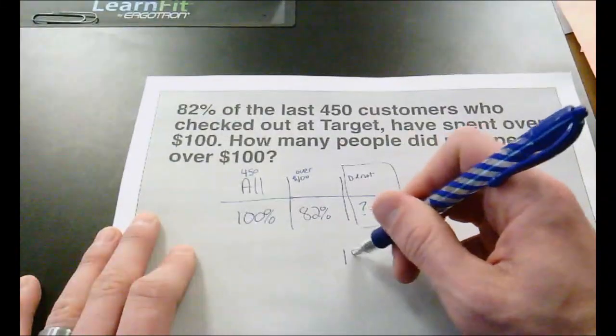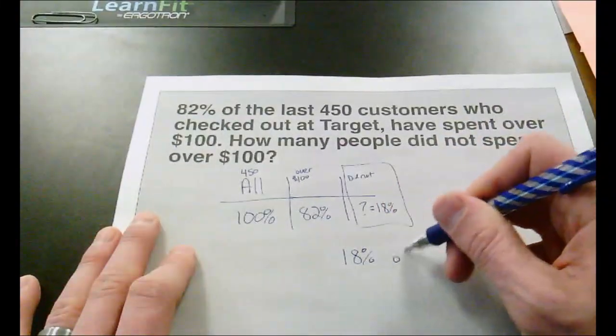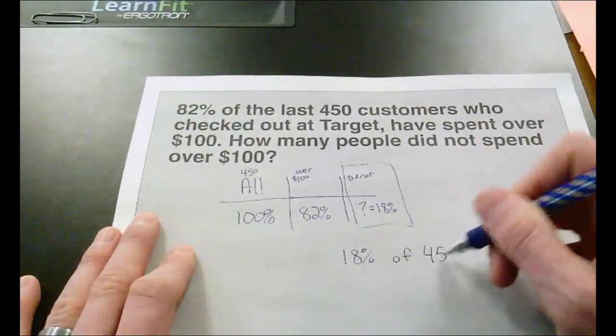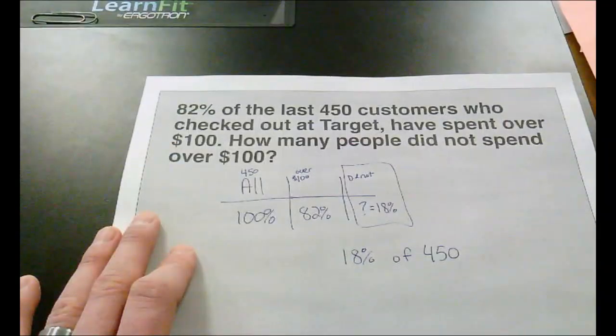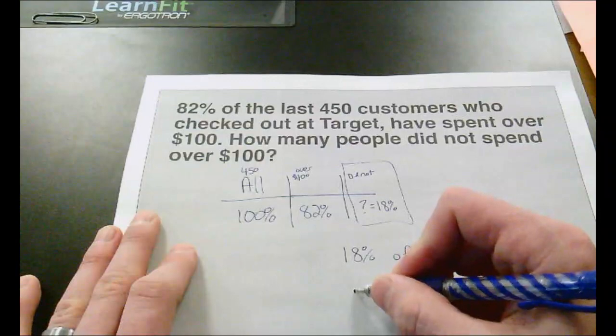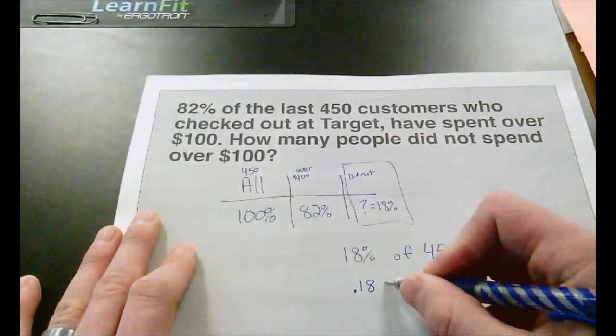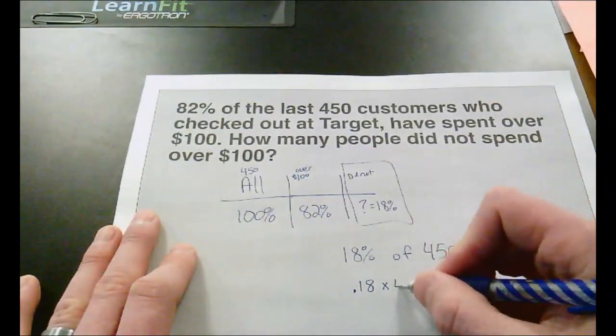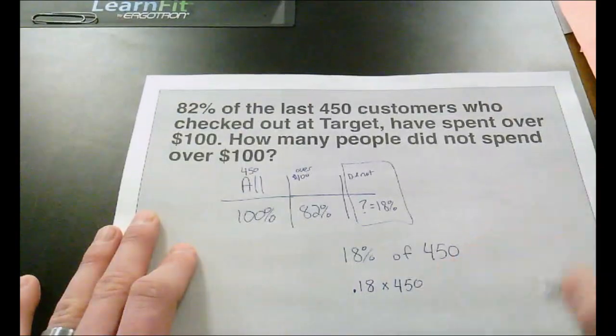Well, my problem's asking then 18% of 450. In this case, I'm going to just multiply the decimal. So I know that 18% is 18 hundredths. Of means multiply, 18 hundredths times 450.